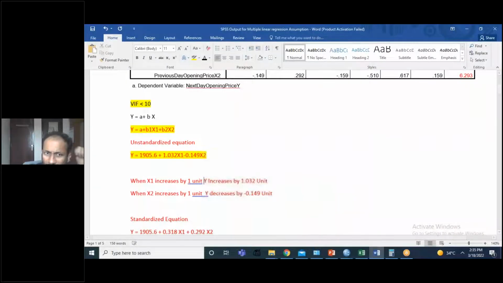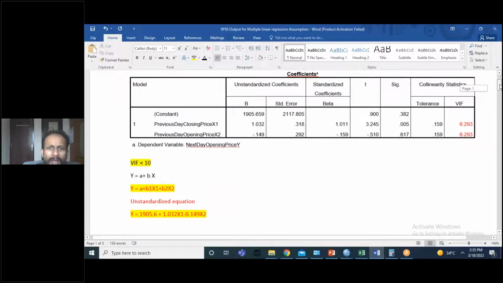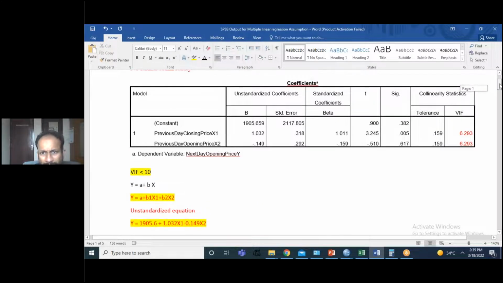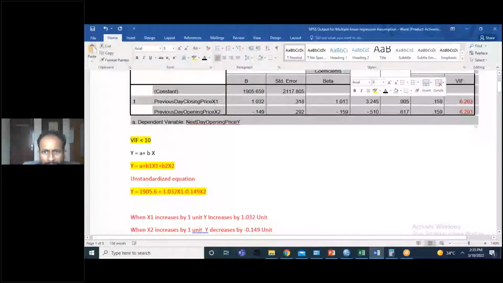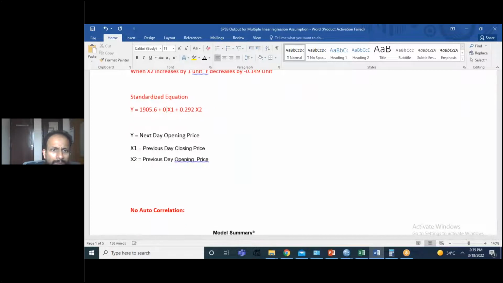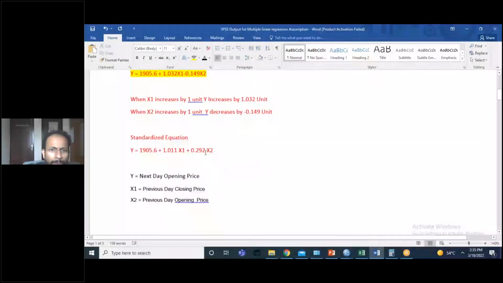Now when we are interpreting the unstandardized one, we may not be able to make much sense of it because it is not in the standardized form. Sorry, here it is 0.159, minus.